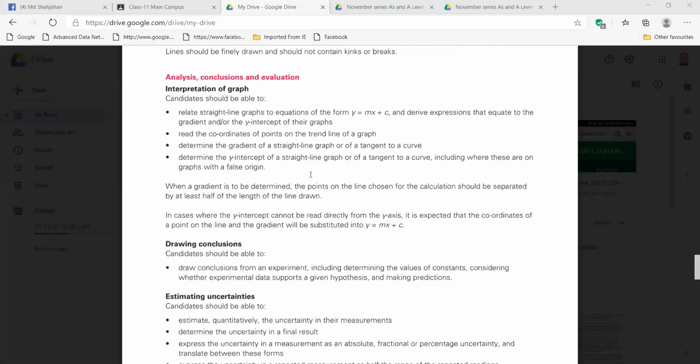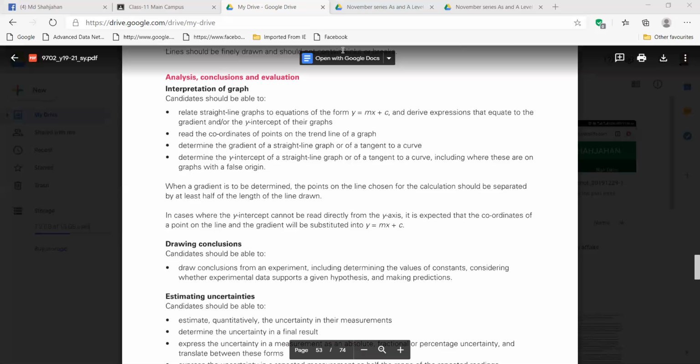Any 2 points you have to take on the line, and the range of these 2 points should be more than half of the straight line. Okay, clear to you now? Yes, sir. If it is clear, then you are done with this part. We are going to now next one.